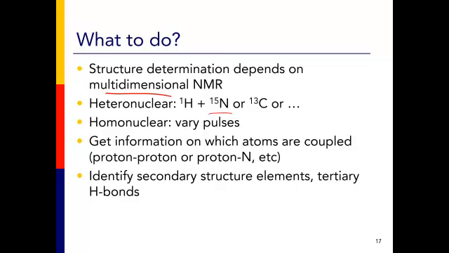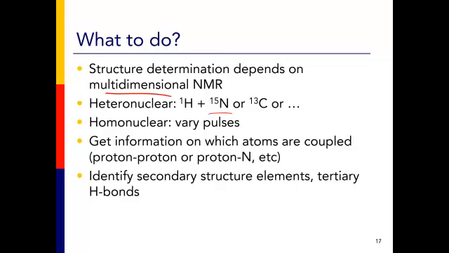So that's homonuclear, same proton spin nucleus, but you're varying the radio pulses. Maybe you put some energy in at a certain wavelength, and then you watch it decay or watch it pass from one nucleus to another. Those are the tricks. They're sophisticated tricks that lots of smart people have figured out, what they do and what they mean and how to deconvolute, but that's the challenge. You have to figure out which signal belongs to which amino acid, which amino acids are connected, and then what the structure is.